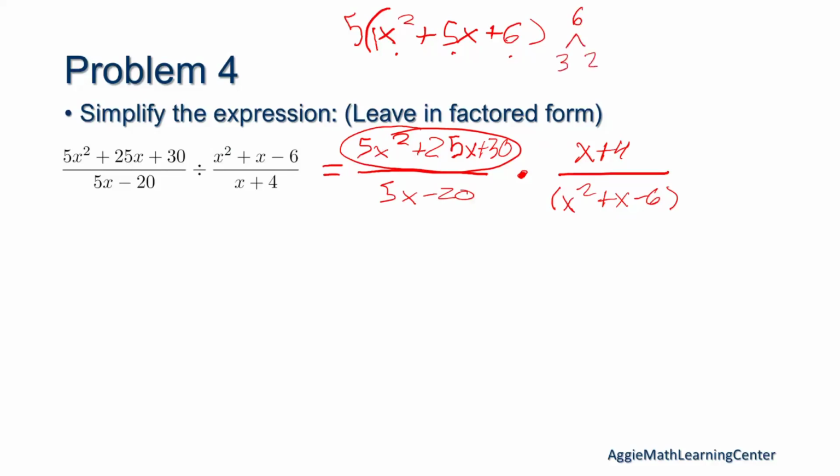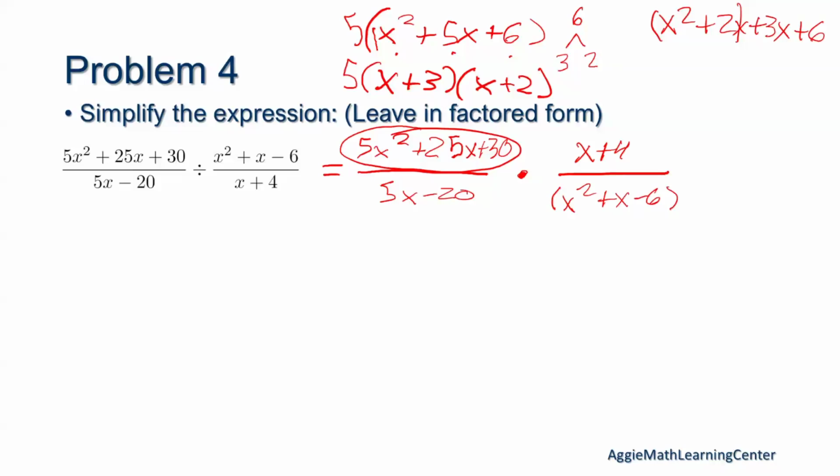It's 3 and 2, which adds to 5. Because this is a 1, we can go directly into this form: x plus 3 times x plus 2. If you rewrote it and factored by grouping, that's totally fine. It'll give you the same thing.